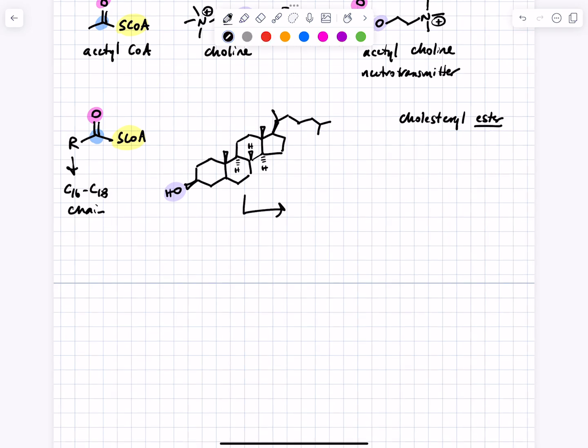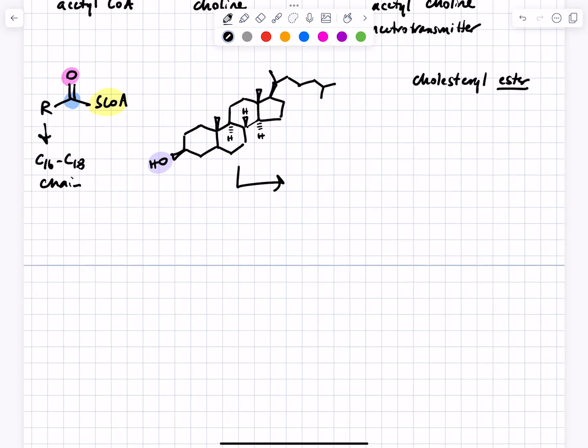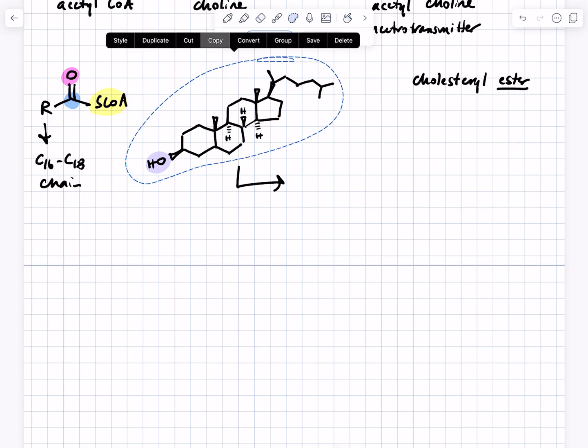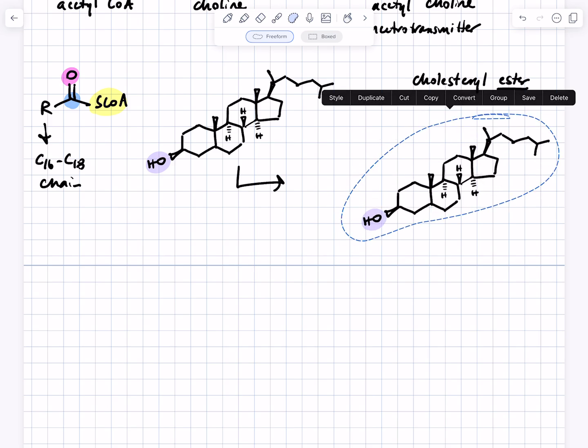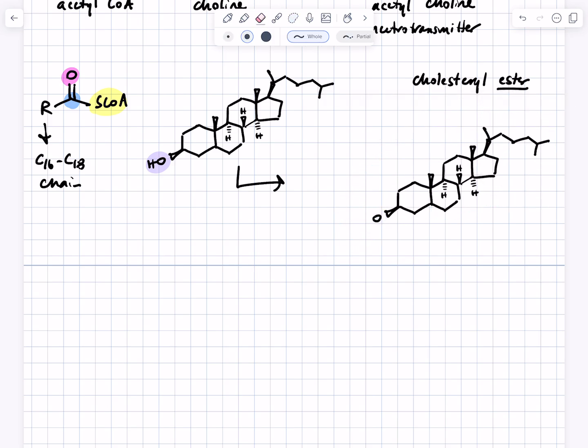Nature will do the nucleophilic acyl substitution or acylation reaction, and all that does is it allows the polar OH group to be modified with a really non-polar acyl group. And now the entire molecule is nonpolar, so it gets packaged efficiently into the nonpolar interior of these HDL and LDL particles. And that's what gets carried around, and that's what people are measuring when they're looking for cholesterol in a blood test.